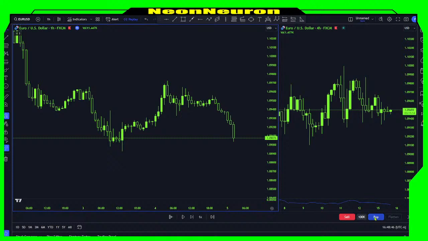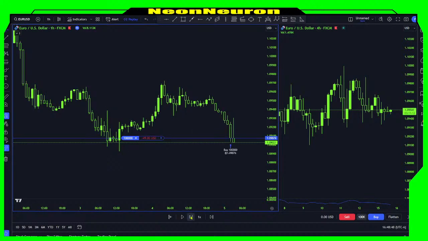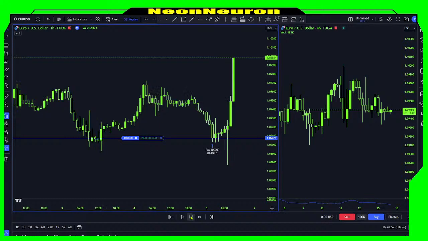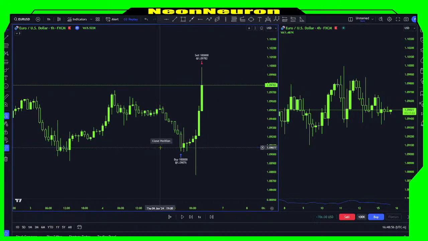Now if we're using standard lot size, we buy, we get that big move, $900, $700 when we close. So that's a $700 move right there. But with a $50 account, I can't possibly catch that, because this move right here would have exploded my account.